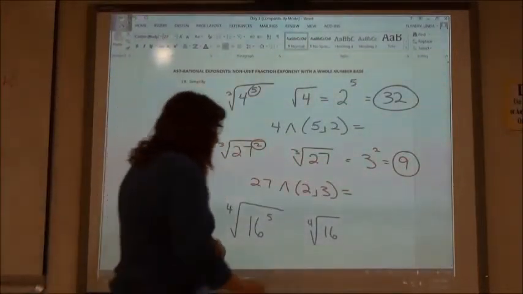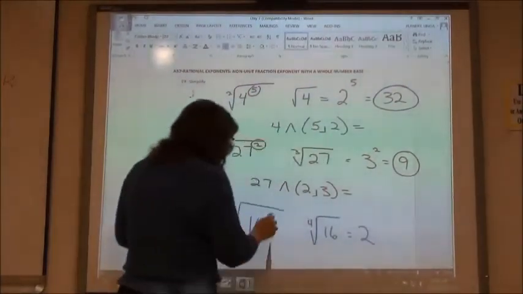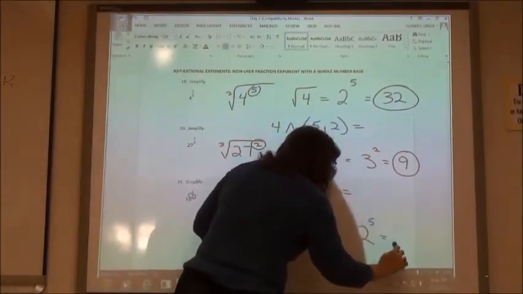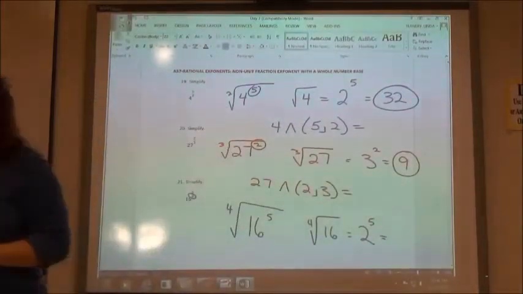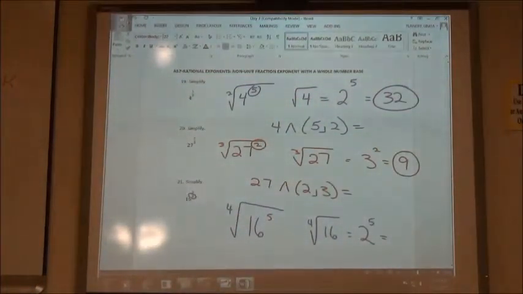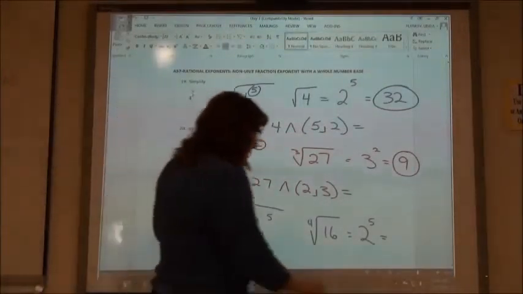So the fourth root of 16 is 2, and then we're going to take 2 to the 5th power. We already did 2 to the 5th power earlier. 2 to the 5th power is 32.